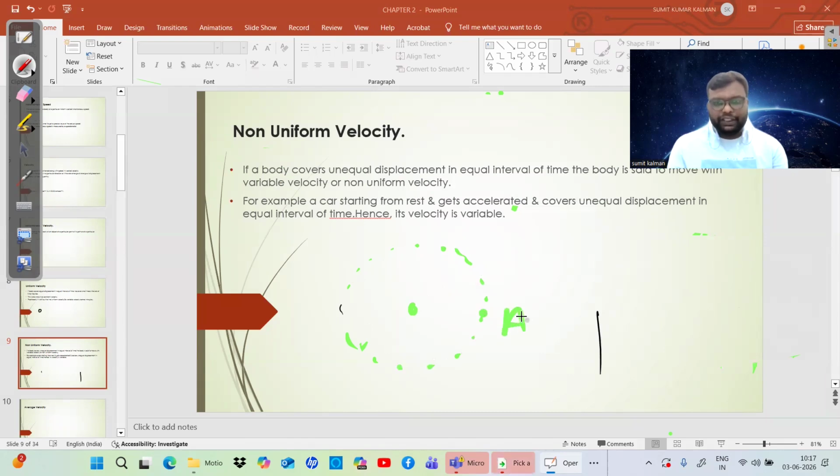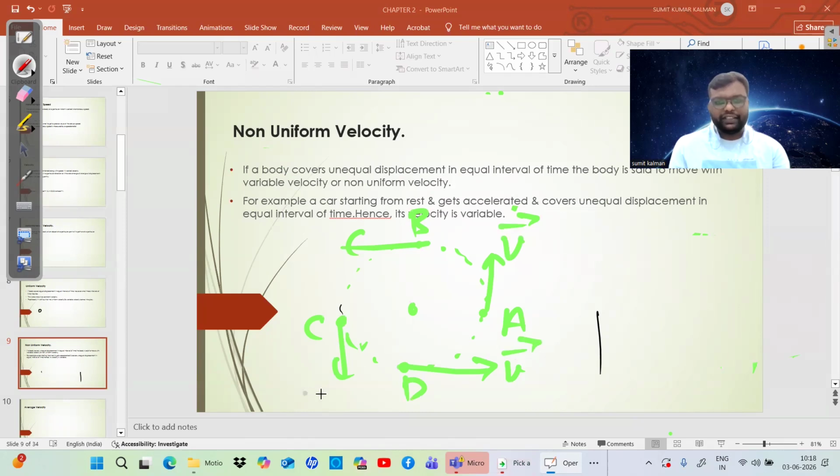At different points, what will be the direction of velocity? At point B, at point C, and at point D, the direction of velocity is different.